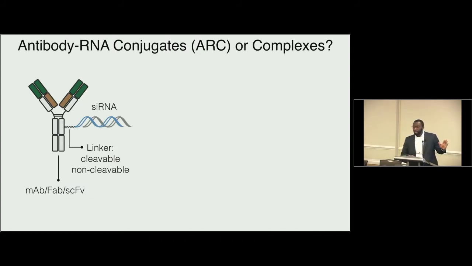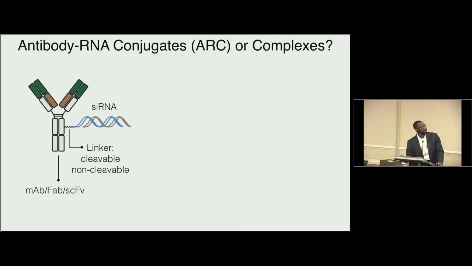So again, ARCs, antibody-RNA conjugates, mean different things to different people. I call them antibody-RNA conjugates. ARCs are also referred to as antibody-RNA complexes, right?